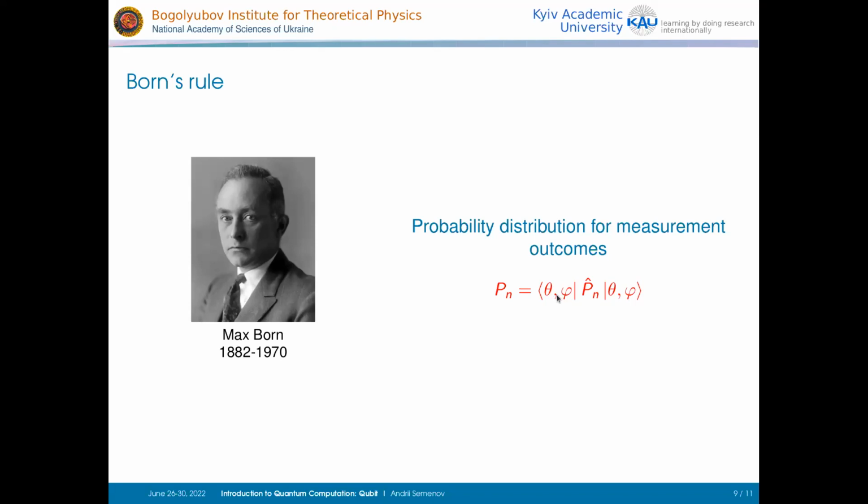This is a kind of matrix element. In the middle is the projection operator Pn, and around it are the brackets with these numbers. This is a well-known axiom that has maybe the same importance as the Schrödinger equation itself.